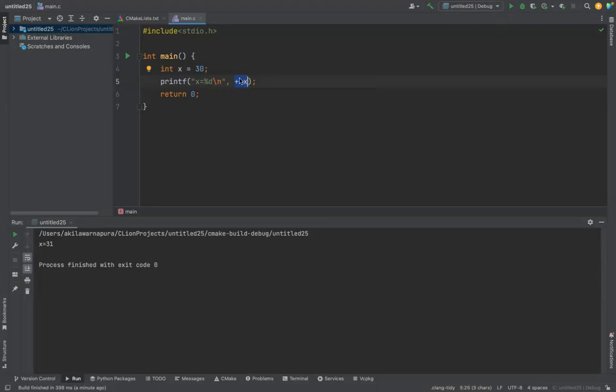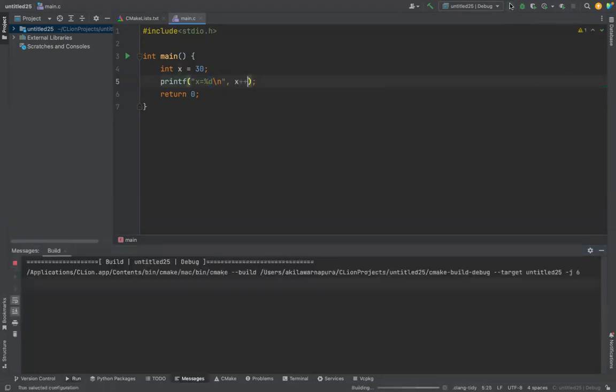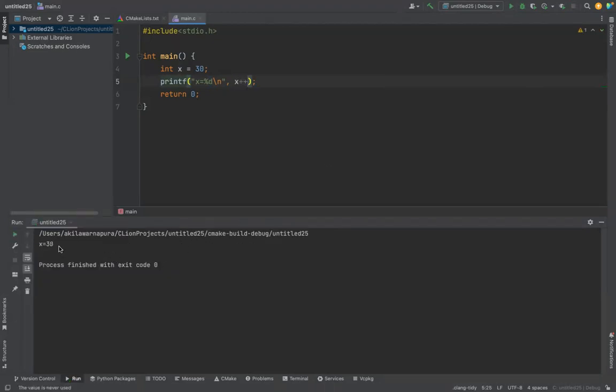That means x is incremented by 1, so it is 31, and 31 is assigned to this percentage d. Therefore the value is 31. Now, if you use x plus plus, the value is different. Still, it is 30.